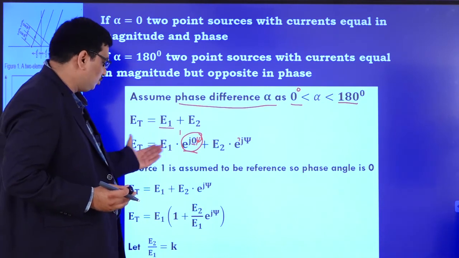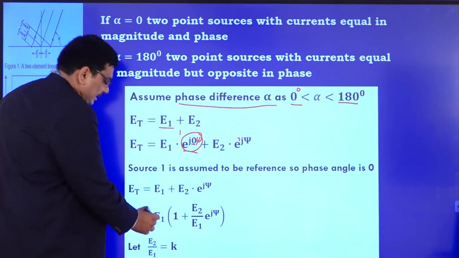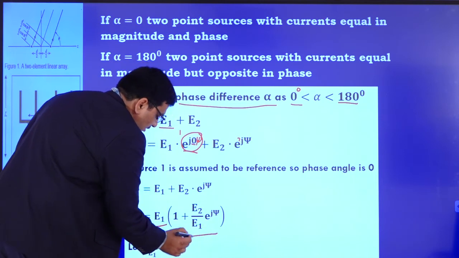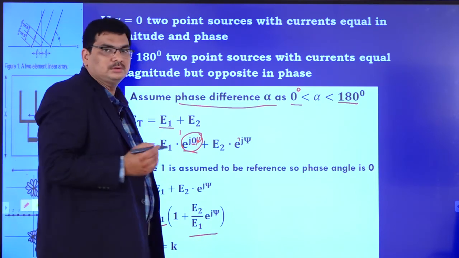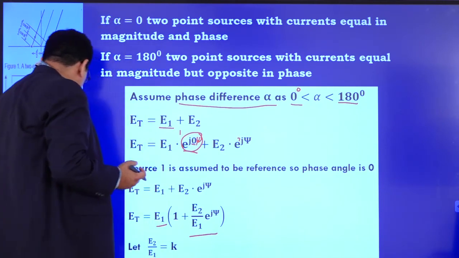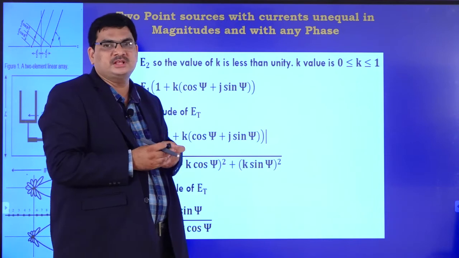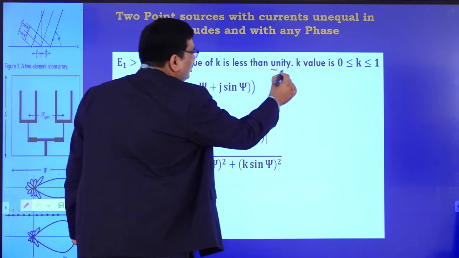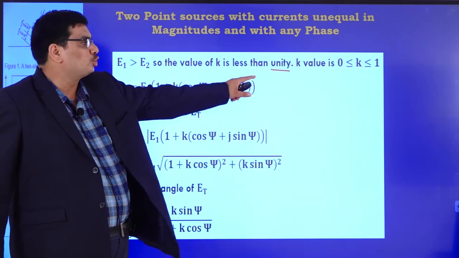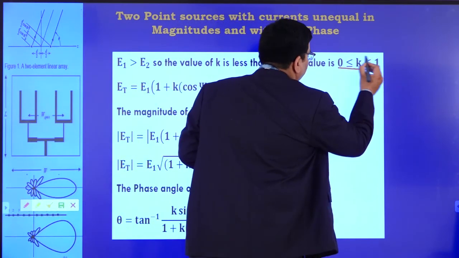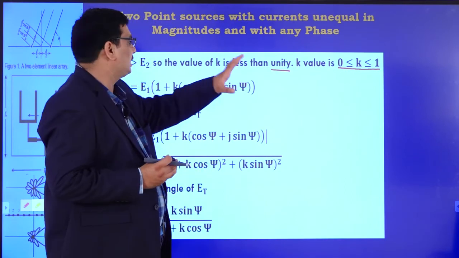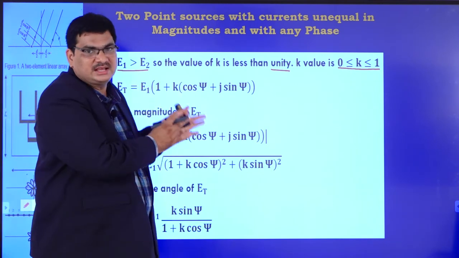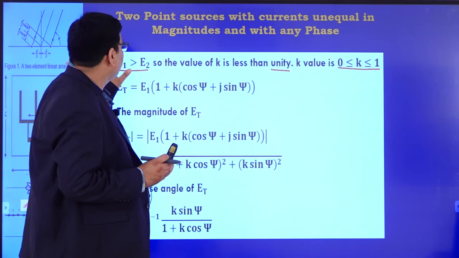From this we take E1 common, so Et equals E1 into 1 plus E2 by E1 into e power j psi, and we assume E2 by E1 equals k. Since we assumed E1 is greater than E2, the k value is always less than unity and lies between 0 and 1, so 0 is less than or equal to k less than or equal to 1. E1 is the reference antenna.